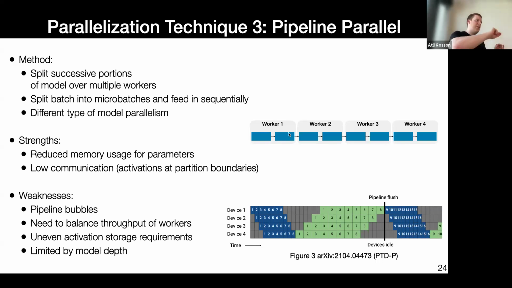This output is sent directly to the next worker. You do this on the forward pass, then on the backward pass, essentially the opposite happens. When you backpropagate, you start at the end worker, it'll backpropagate through itself and then deliver the gradient of the input to the previous worker. So it'll go one way and then back the other way.